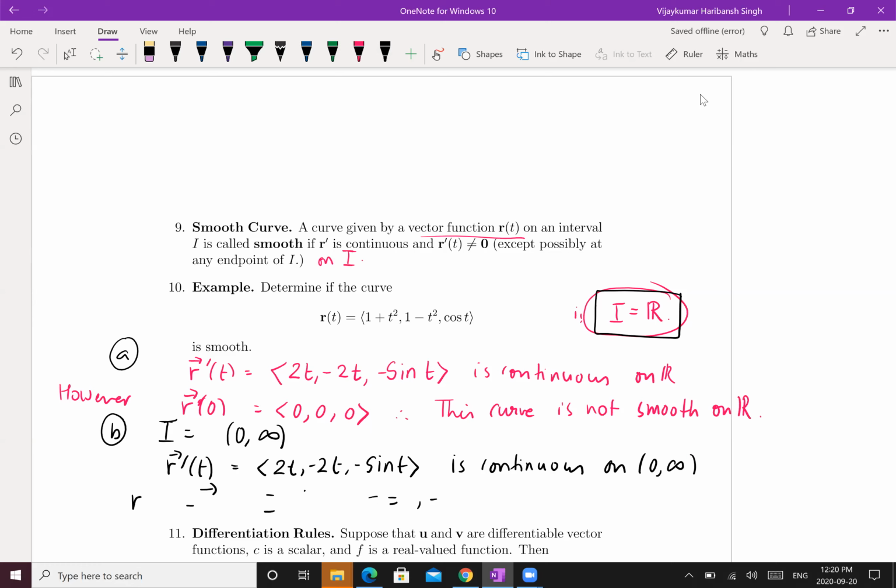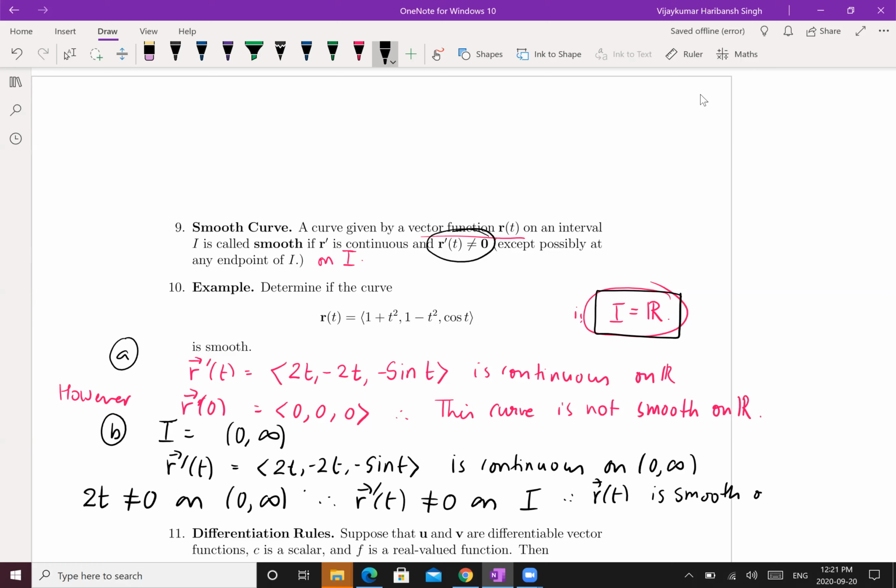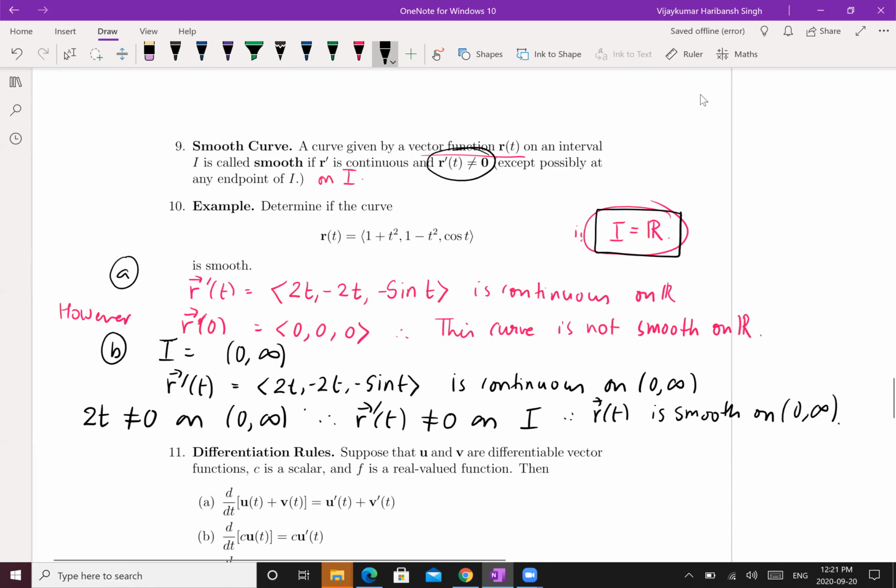Let me be slightly more refined: I want to say that it does not become 0 at any point. Well, 2t is not 0 on 0 to infinity. Therefore r prime t is not 0 on I, because if one of the components is non-zero, then the vector is non-zero. So r of t is smooth on 0 to infinity. So it's not smooth on all real numbers, but it's smooth on 0 to infinity.